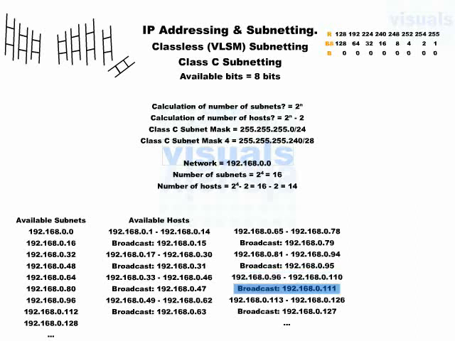Okay, now let's move towards the next network, which is 112. 192.168.0.112. For this network, valid IP addresses range from .113 to .126 and broadcast address is .127.